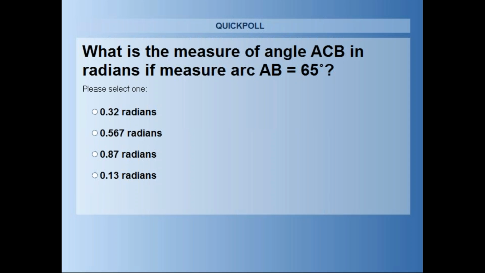The inscribed angle intercepts the same arc, AB. What would be the angle measure in radians if you know that the inscribed angle is how many degrees? Can you figure this out? It's 2 steps here.